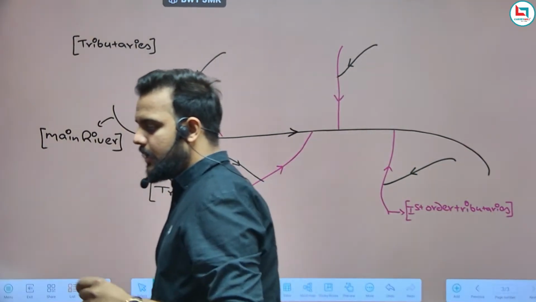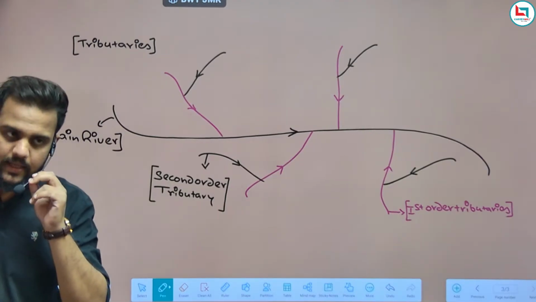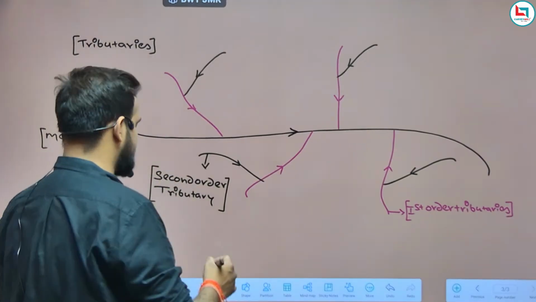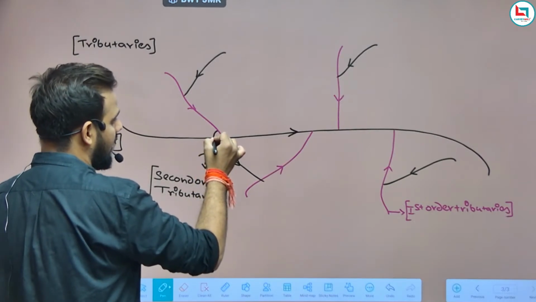Now guys, when tributaries meet with the main river, they form a particular angle. When a tributary makes an acute angle, what is the acute angle? Less than 60 degrees. You could see here, this is the acute angle.